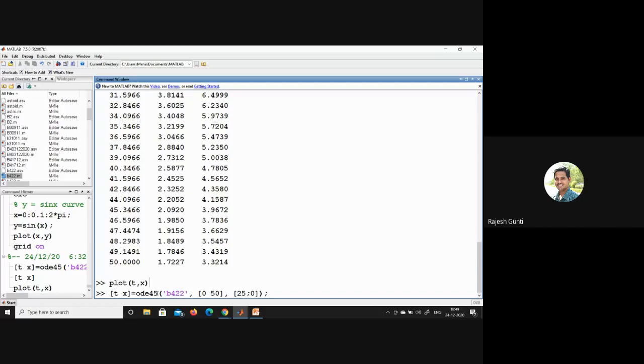Yesterday I created one M file to solve a differential equation using a fourth order method, and I named it B422. Like that, they named it ODE45. ODE45 is a solver to solve ordinary differential equations.